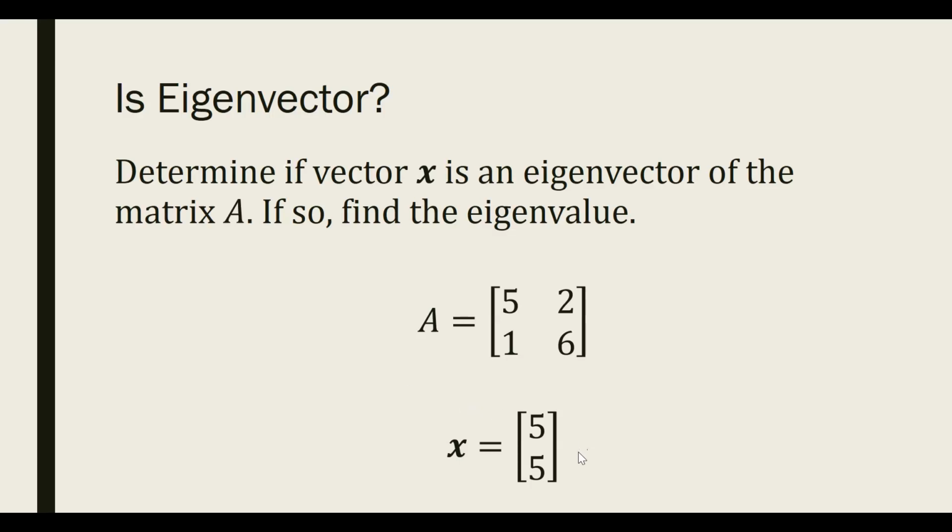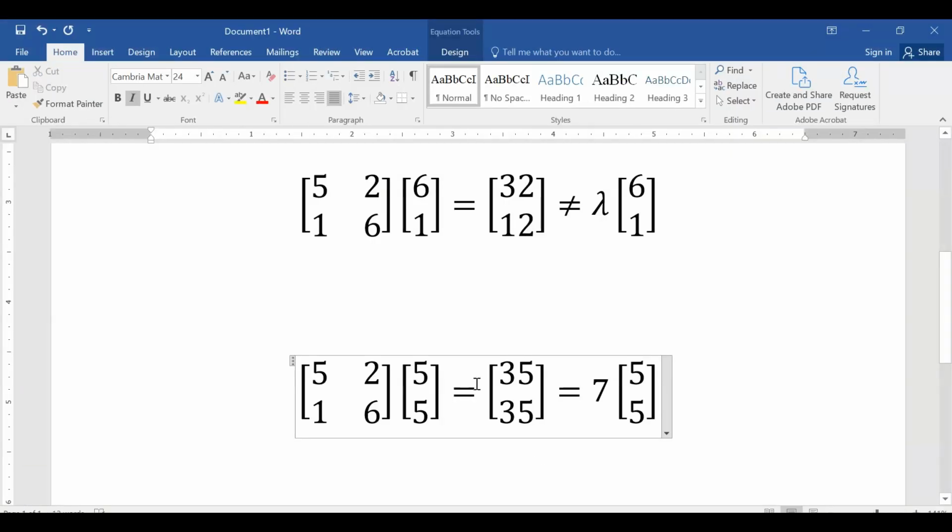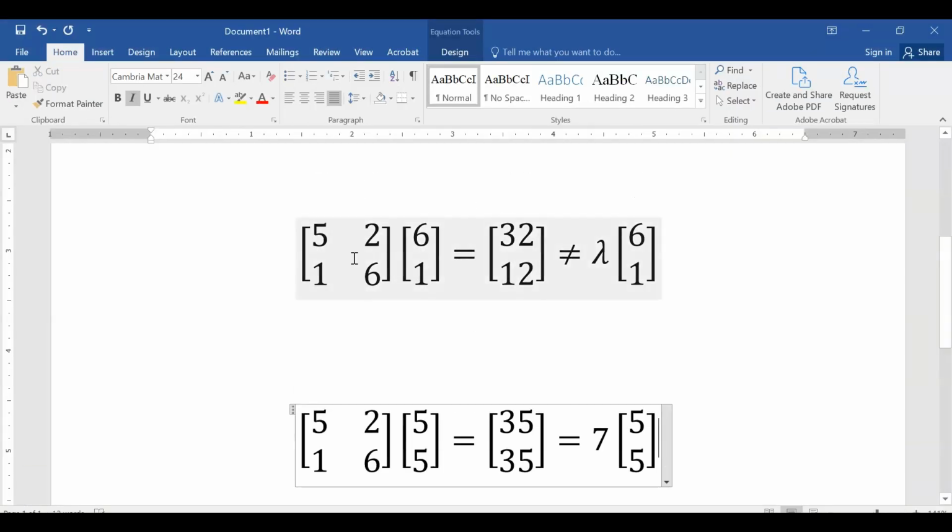When I calculated these two multiplication problems, when I looked at the matrix A times vector 6, 1, and then matrix A times the vector 5, 5, what I found was that when you multiply my matrix times 6, 1, I ended up with 32, 12. In other words, the vector 32, 12.